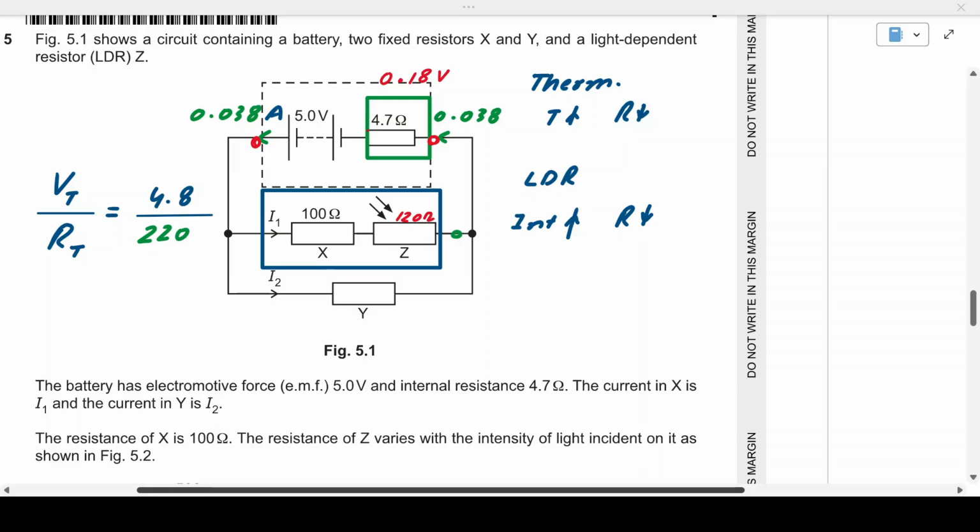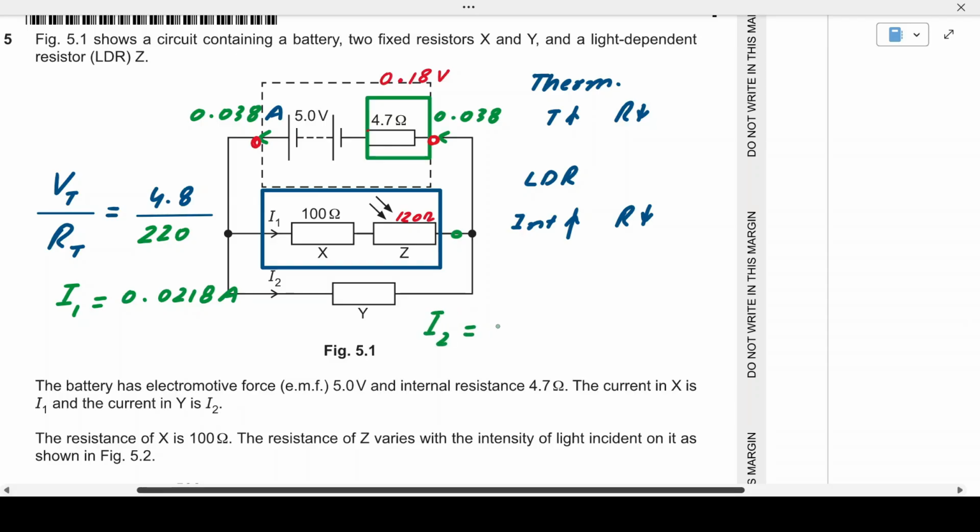Now let's write on the calculator. So I'll be getting 4.8 divided by 220, which is 0.0218. So the current through both of them, basically I1, is 0.0218 amperes.